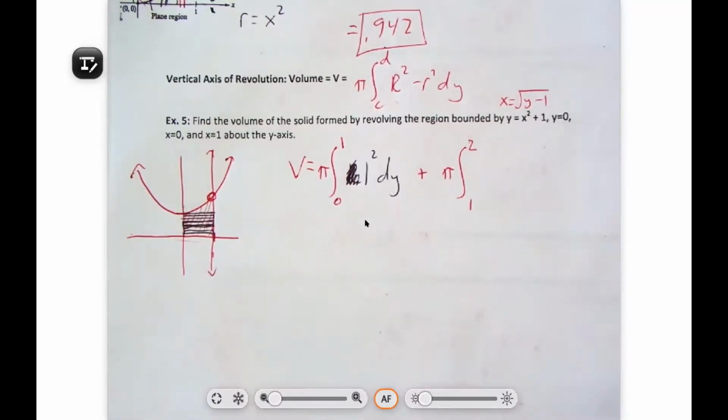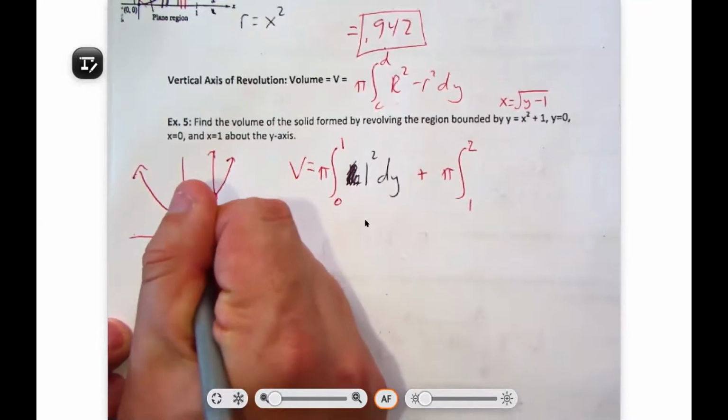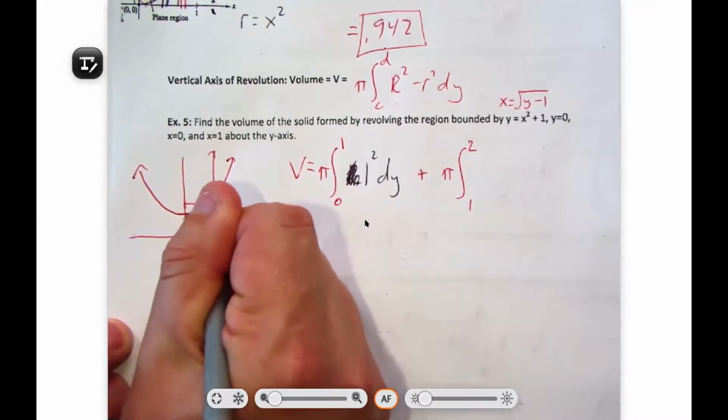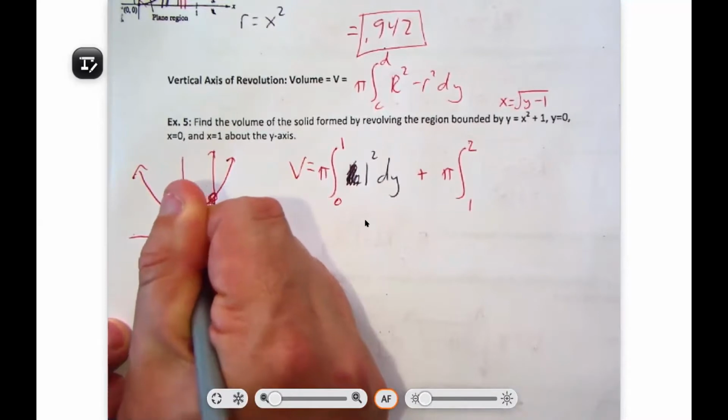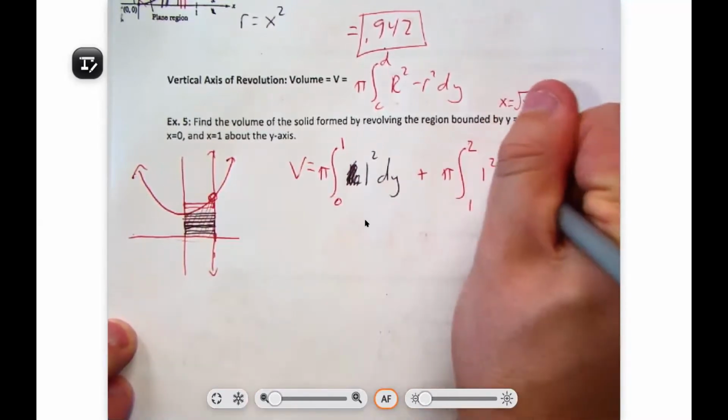It's a washer, so I need big R and little r. Big R is you draw a rectangle from the y-axis to the outer function. So here, big R is 1. So it's going to be 1 squared minus.